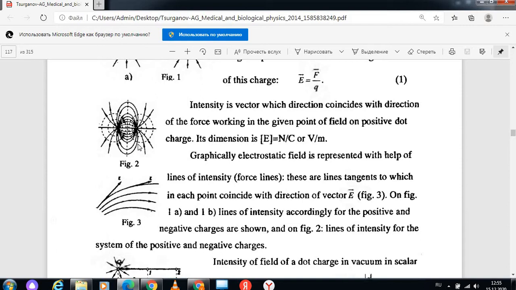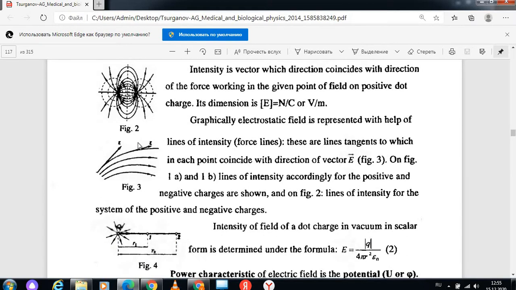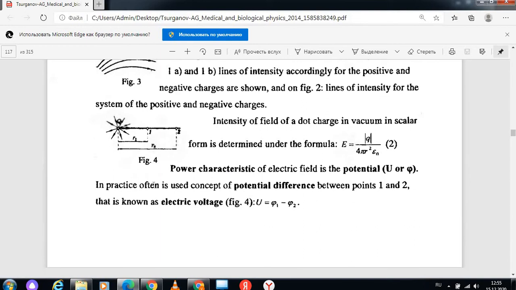And the intensity of the field of a dot charge in vacuum in a scalar form will be determined under the formula: intensity E is equal to charge Q divided by 4πε0r squared. Yes, this formula explains the relation between the intensity of the field of the point charge in vacuum and the direct distance from the point where we measure it.